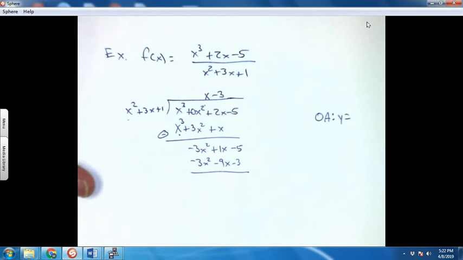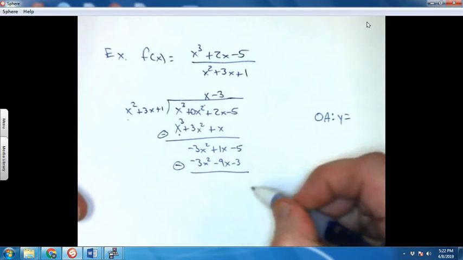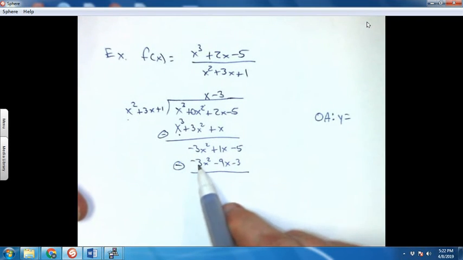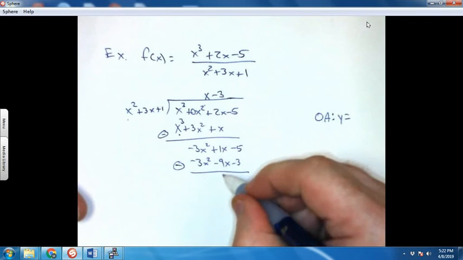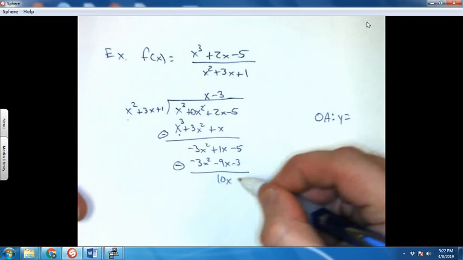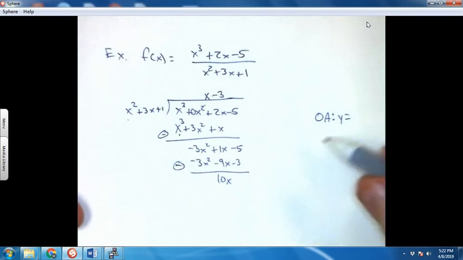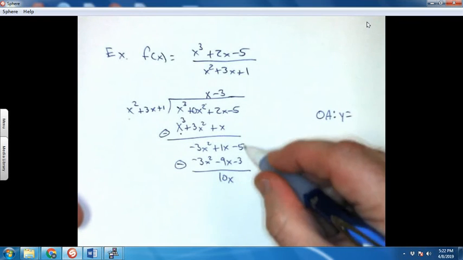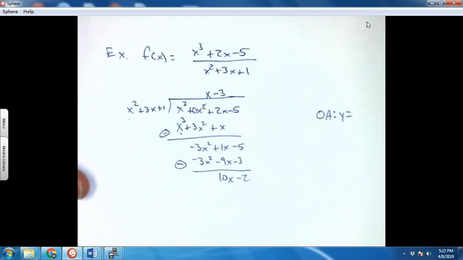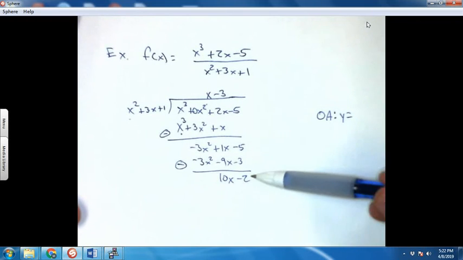And I'm going to subtract straight down. Negative 3x squared minus negative 3x squared cancels. 1 minus negative 9 is positive 10x. Negative 5 minus negative 3 is negative 2. Now, there's nothing left for me to bring down, so this is my remainder.